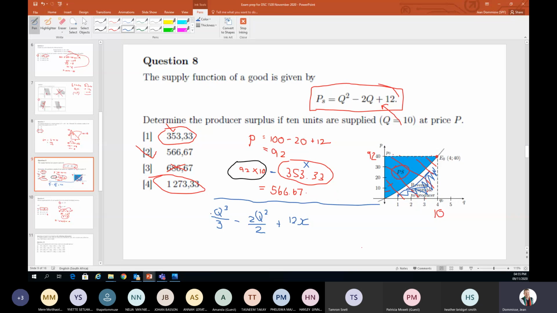Okay, so that is what I would have gotten for my integration. So use 10 and 0.